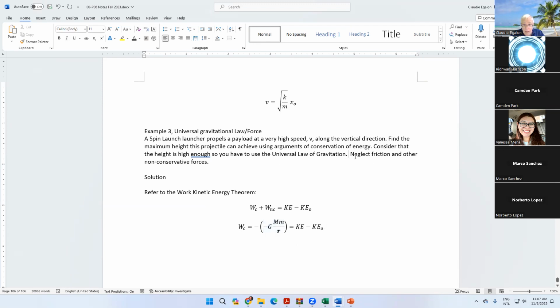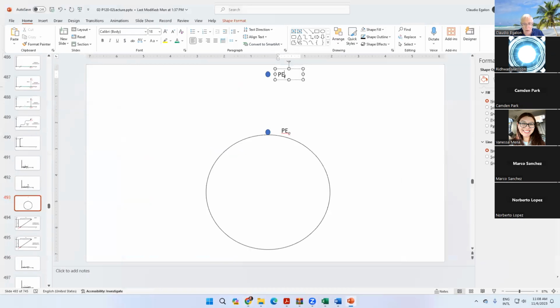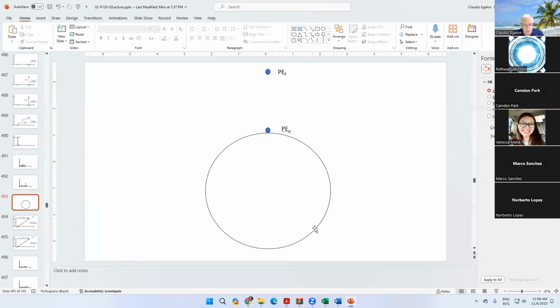The radius of the Earth is big R. The small r is the distance from the center of the Earth.